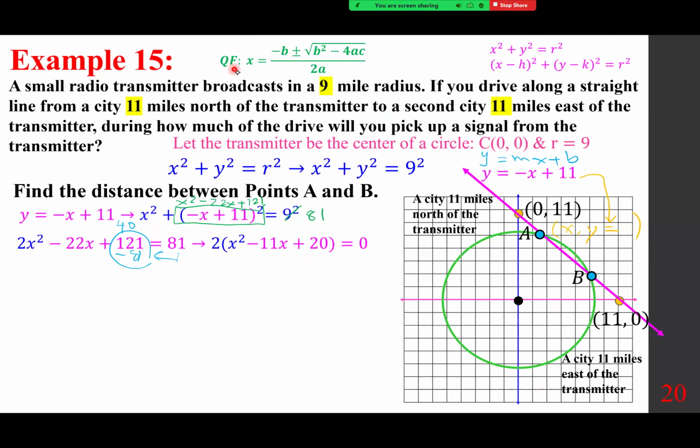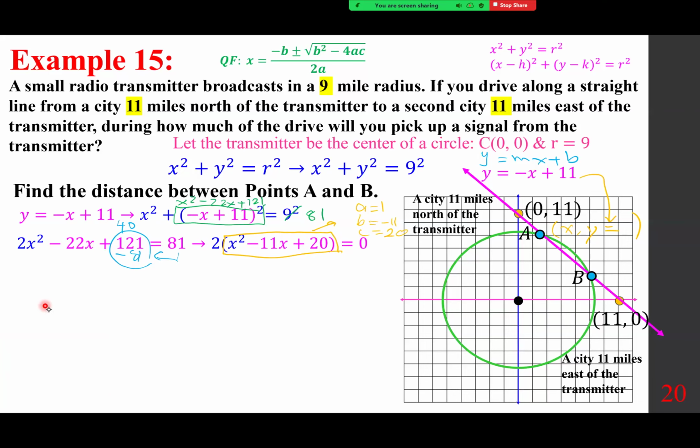x equals minus b plus or minus the square root of b squared minus 4ac, over 2a. Where a is 1, b is negative 11, and c is 20. That's why this question takes a little bit of time.